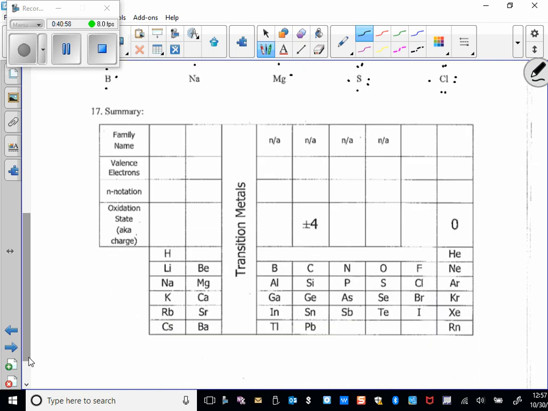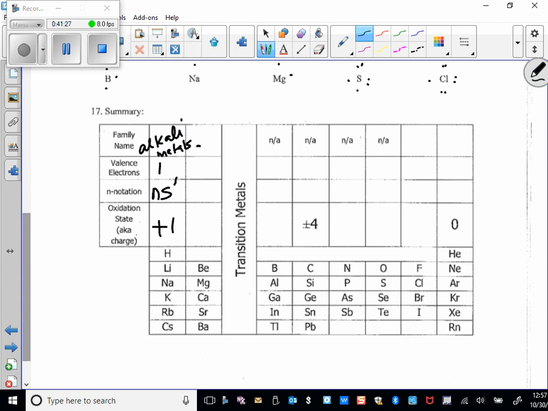All that we learned now can be summarized in this table. Is that right? What is the family name? Alkali metals. Alkali metals have how many valence electrons? 1. What is the N notation? NS1. Oxidation state, also the charge, they like to lose and become +1. Right?